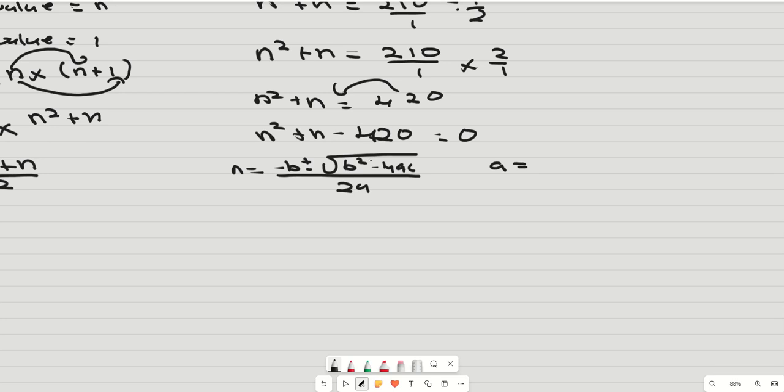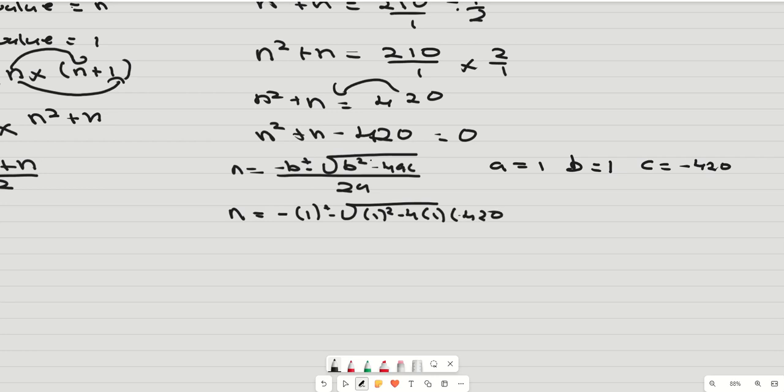A is your coefficient of the squared value, which is the number in front of n squared: 1. B is the value in front of n, which is 1. And C is your constant, which is minus 420. Put this in your formula. n is equal to minus 1 plus or minus the square root of 1 squared minus 4 by 1 by minus 420, don't forget that negative 420, all over 2 by 1.